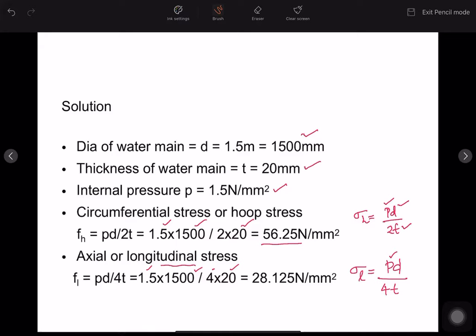So 56.25 divided by 2 will get us 28.125. So in this way we can calculate basic hoop stresses or longitudinal stresses in a cylinder.